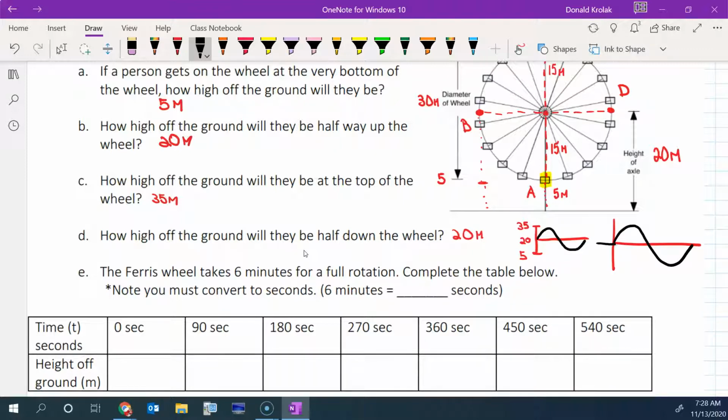We're actually starting at 5 feet. So that's 5, 20, 35. We're starting here, then going to 20, then going to 35, then back to 20, then back to 5.